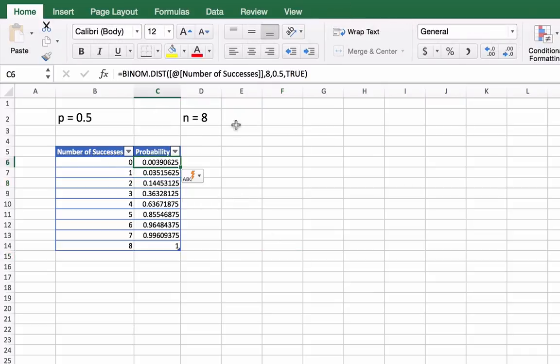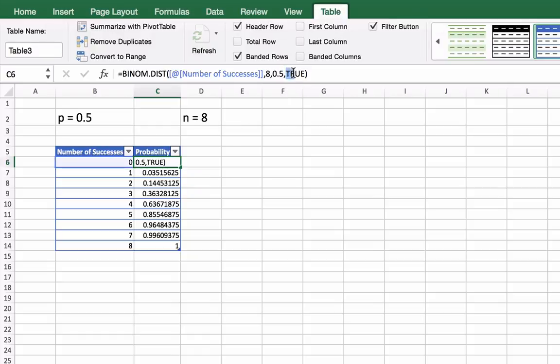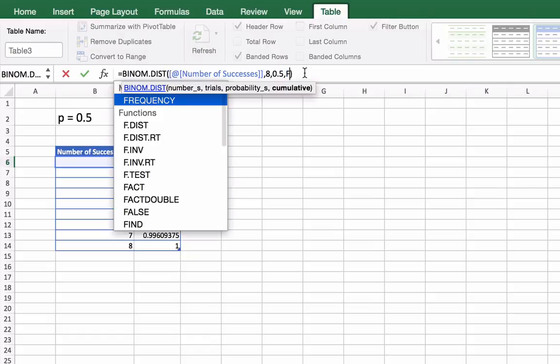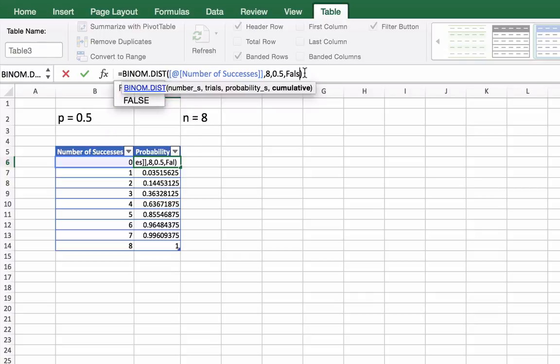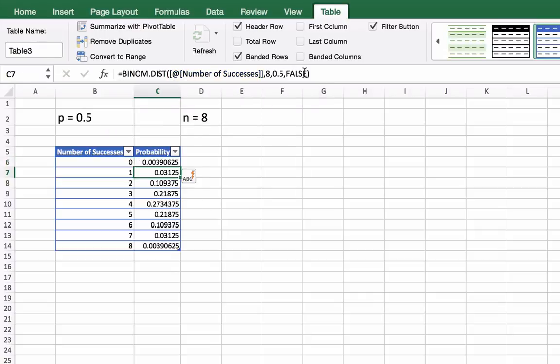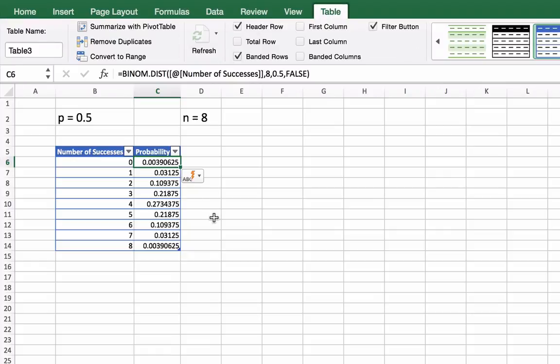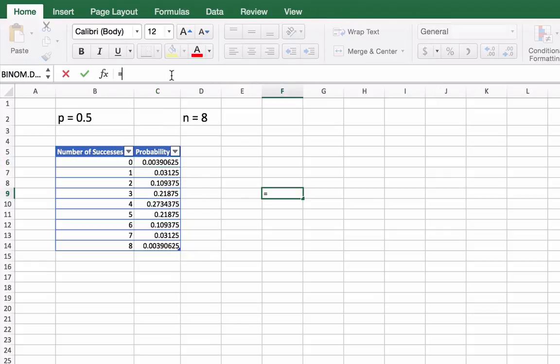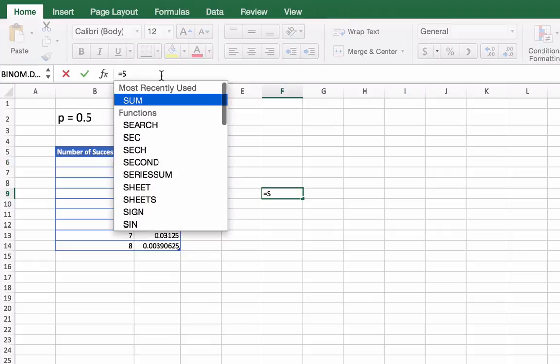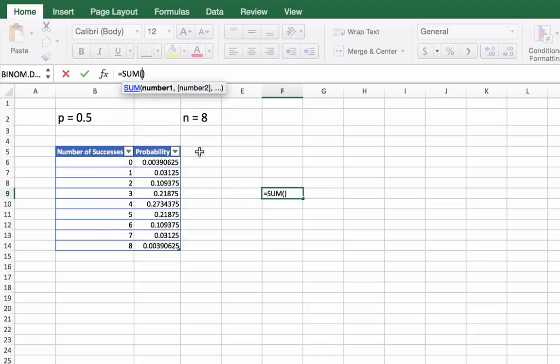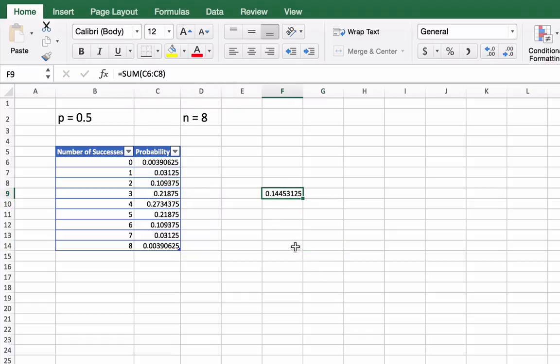So if I change this formula to false, then you can see how that affects it. If we take the sum of these three, then that's that number we saw before, the 14.45%.